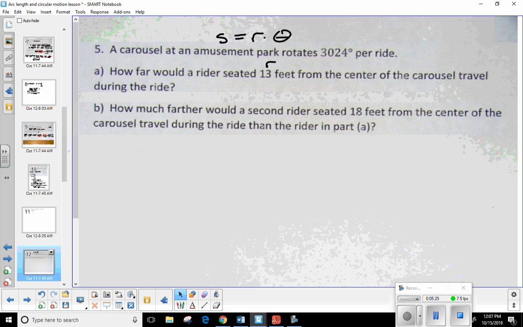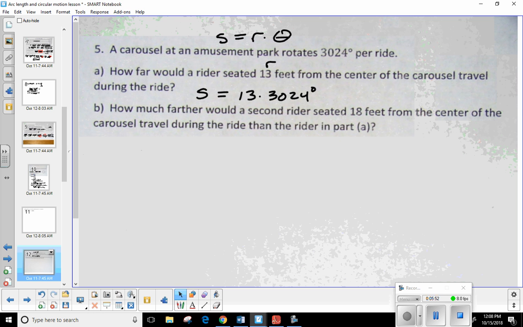We do have theta in degrees, but we need it in what? Remember, it's got to be in radians, so I'm going to go ahead and do this. S equals radius of 13 times 3,024 degrees, but as I substitute in, I'm just going to go ahead and convert it. So I'll multiply this by what gives me radians?